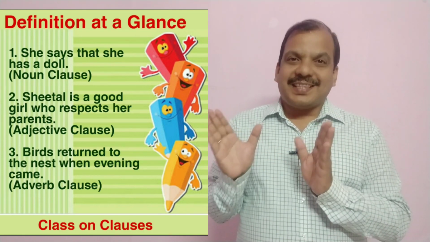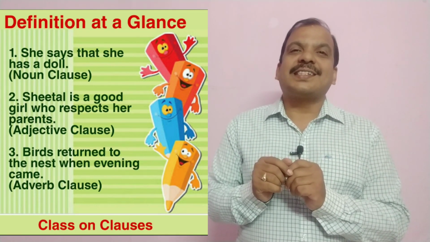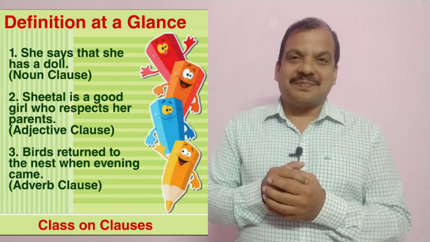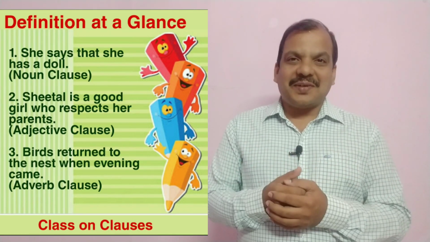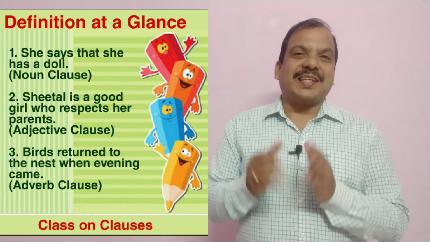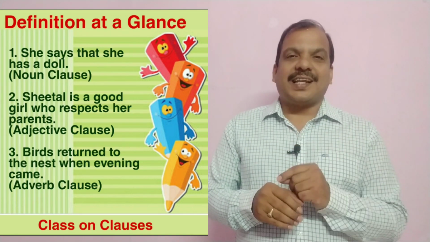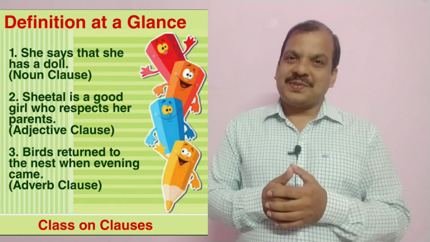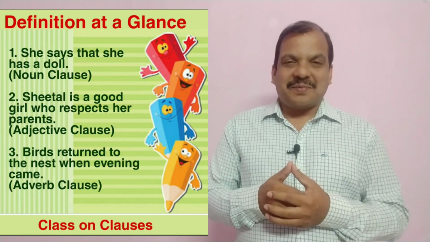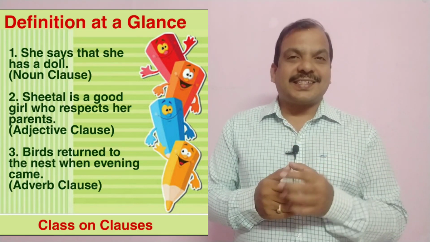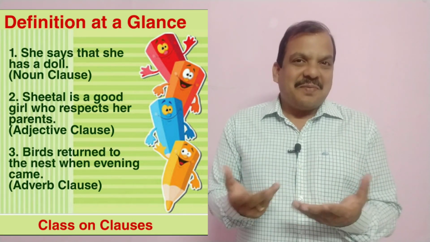That's why the entire clause acts like an adverb. That's why it is an adverb clause. As I told you, the subordinate clause when acts like a noun, noun clause, adjective or relative clause, and when it acts like an adverb, it's an adverb clause.